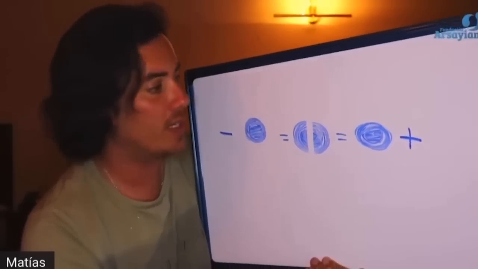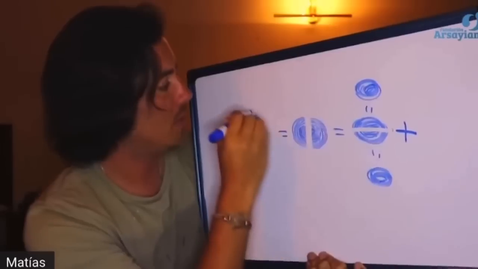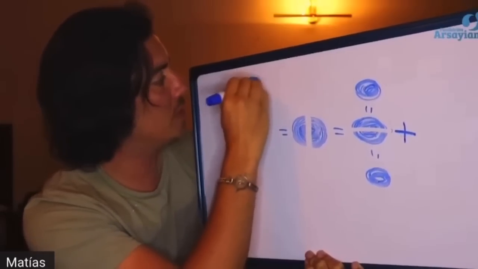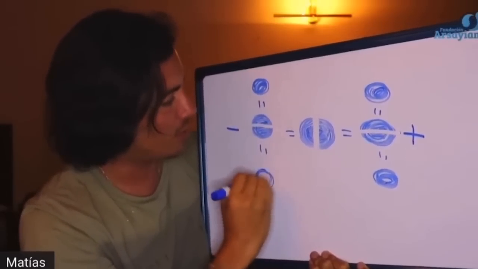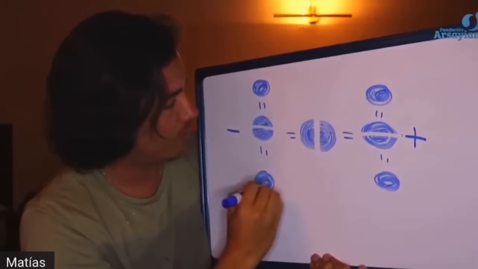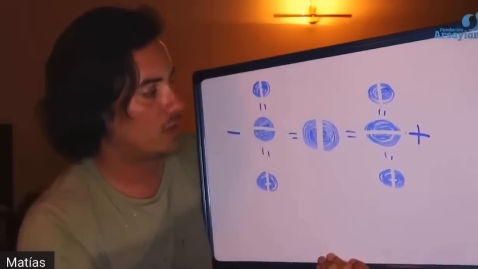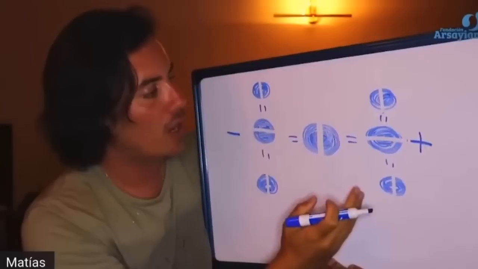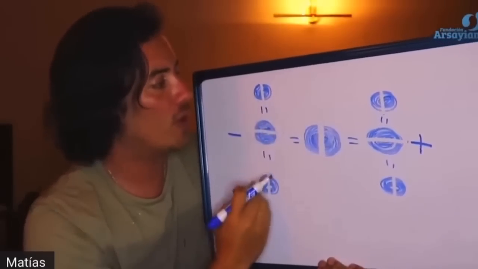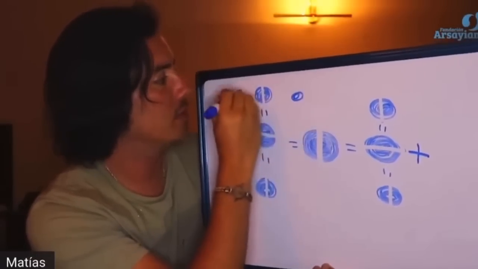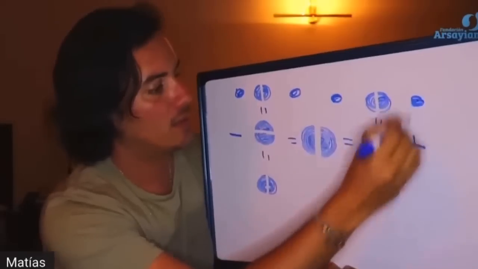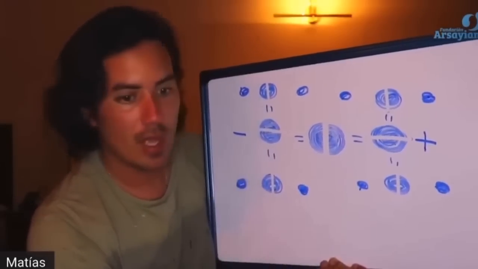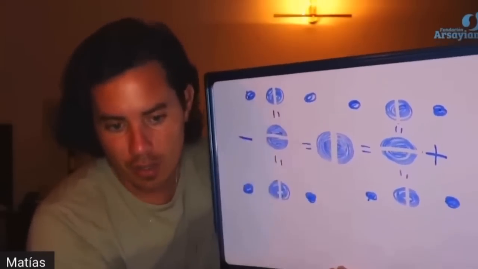They will divide again, creating other two. So from 1 to 2, and then from 2 comes 4, and then divide again, creating 8. And this goes on and on and on.